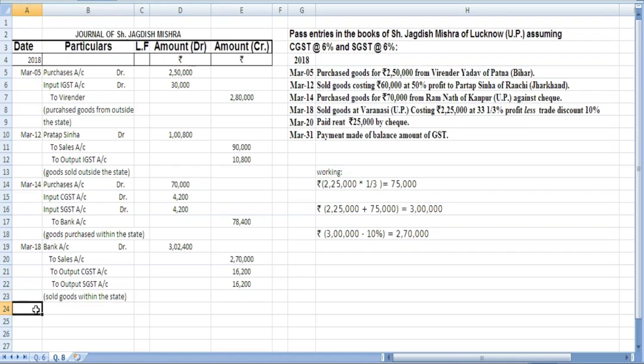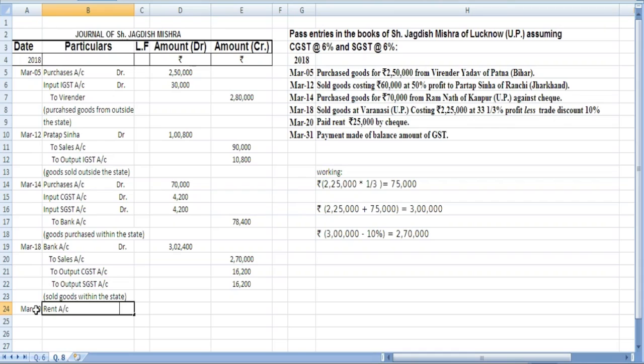Next we have is March 20. March 20 we have paid rent 25,000 by check. So we will debit the rent account because this is expense.